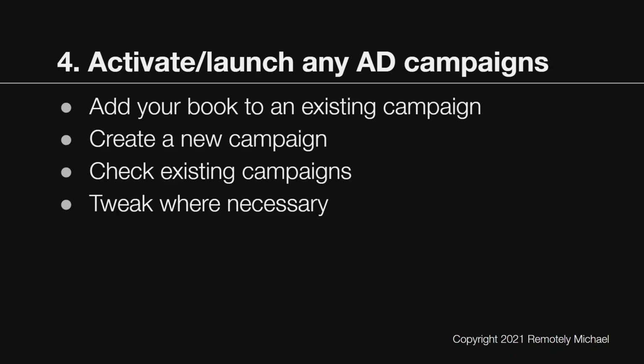I'm not really sure, but it's something that I want to look into in the future. So create a new campaign for the book, check your existing campaigns, and tweak them where necessary.